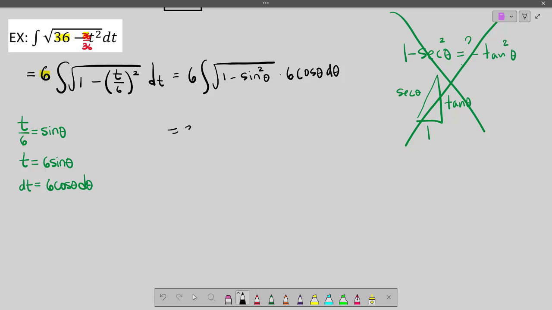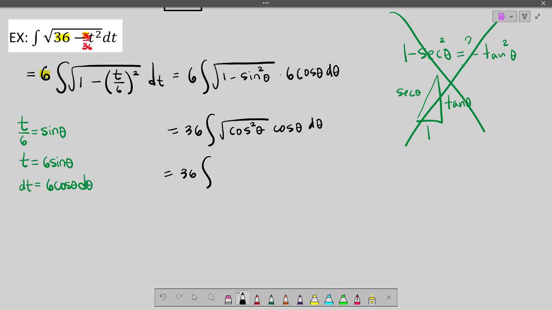So this will be 36 integral. All right, 1 minus sine squared of theta, cosine squared of theta. We'll write this step in. And here technically we have to be careful. The square root of cosine squared is only cosine of theta if we're in quadrant 1 or 4.